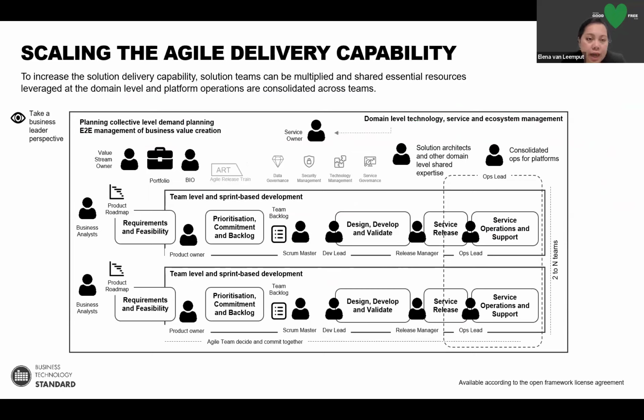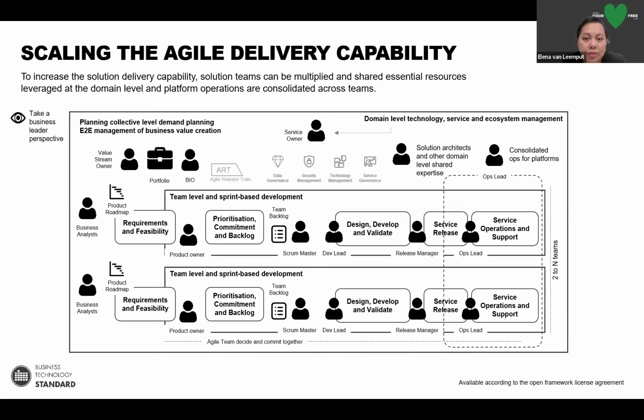And here you can see how this can be scalable. To increase the solution delivery capability, solution teams can be multiplied and shared critical resources leveraged at the domain level, and the platform operations are essentially consolidated across teams. So in practice, for example, when utilizing platforms like ServiceNow, Salesforce, or SAP for various business solutions, multiple Agile teams may work concurrently on the same platform, and coordination across these teams is essential for effective technology management.